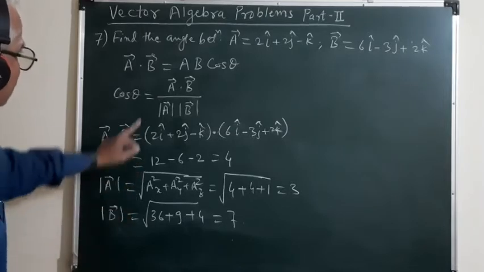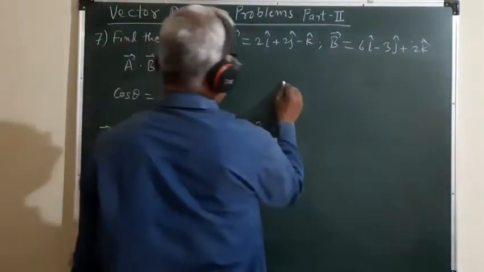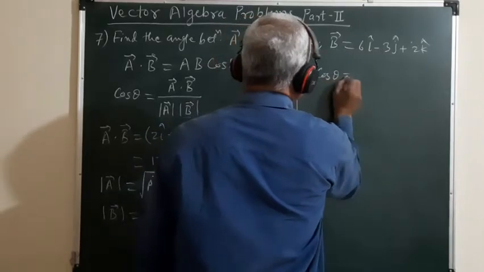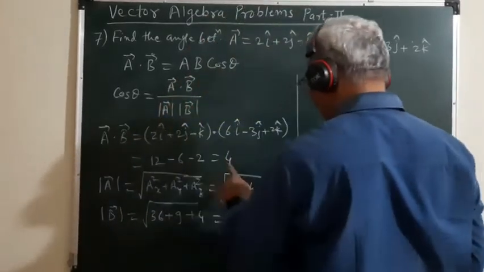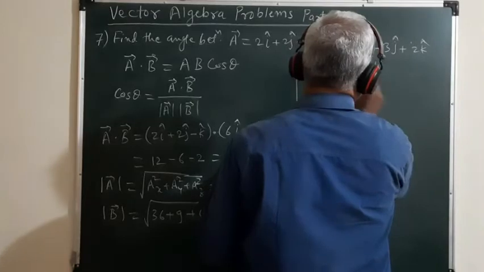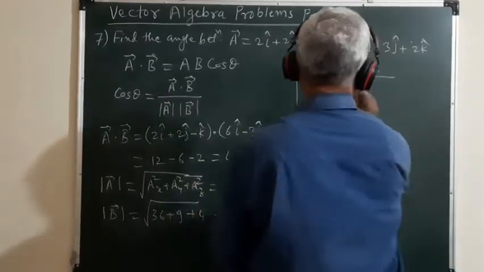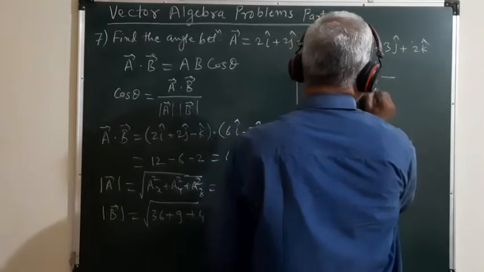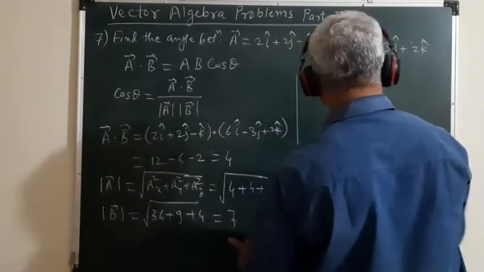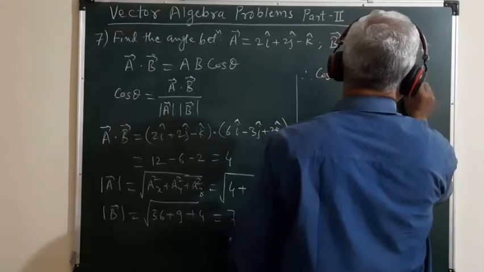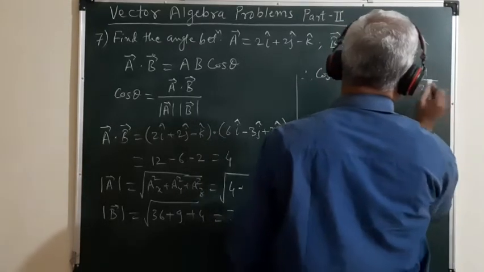Use these values in this expression for cos theta. Therefore, we get cos theta is equal to A bar dot B bar is 4 divided by mod A bar is 3 into mod B bar is 7. So this is equal to 4 upon 21.